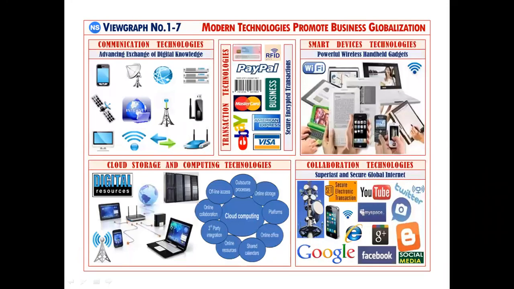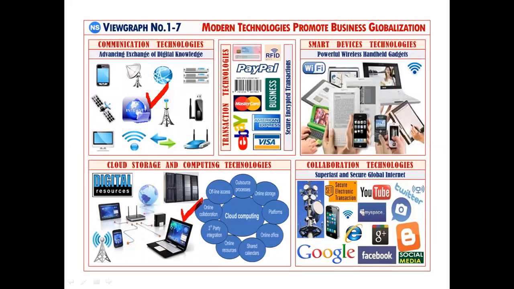Now I'm giving some samples here to reconfirm what we already know. Technological innovation is promoting global business. How? These are the four or five things that I have listed here. Improved communication technologies are enabling business globalization.